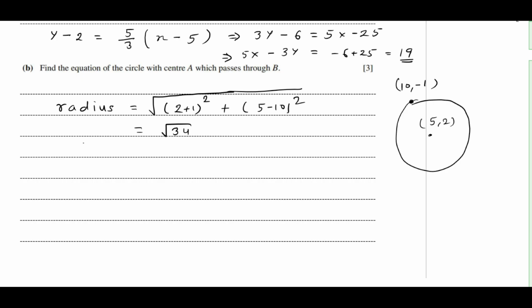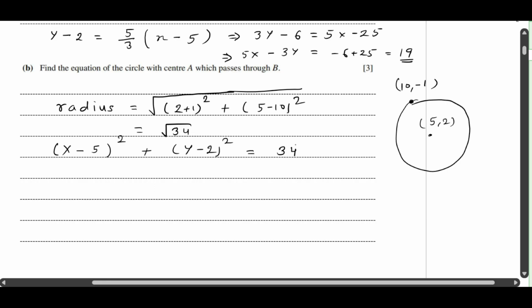This is the radius. Now the equation of the circle is (x minus 5) the whole square plus (y minus 2) the whole square is equal to r square. So root 34 square is 34. (x minus 5) the whole square plus (y minus 2) the whole square is equal to 34. This is your equation. Okay, next question.